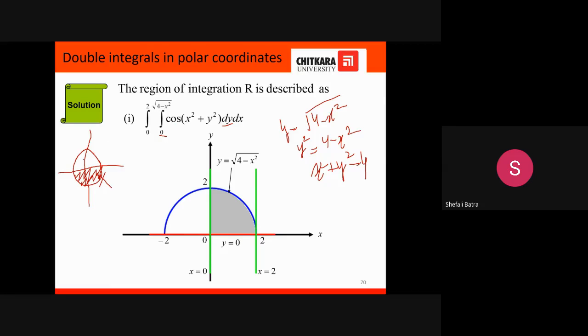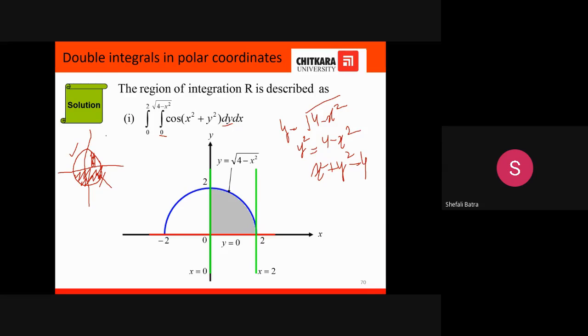Now my question is whether this quadrant will be included in the region of integration or not. According to this question, a vertical strip is given, starting from 0 and ending at this curve, and after that you need to slide it horizontally. So x is starting from 0 and going to 2.